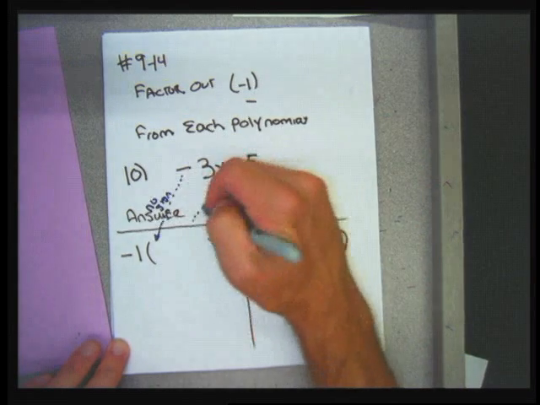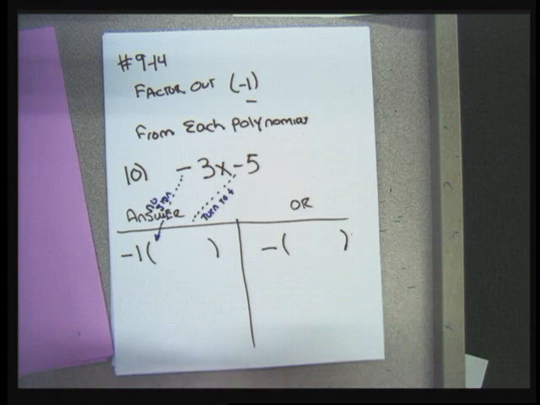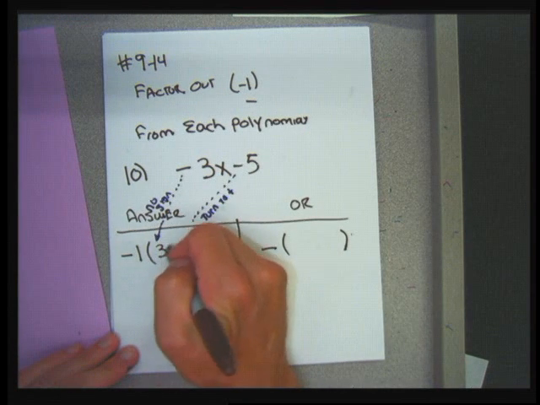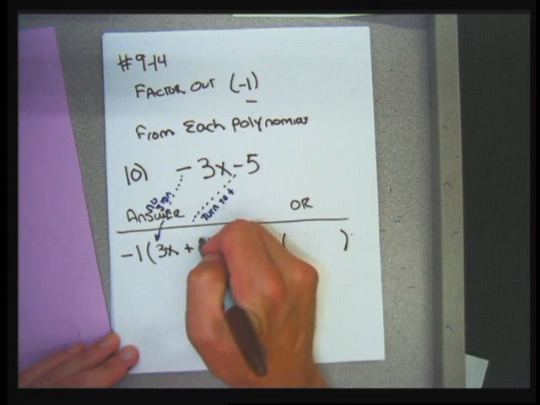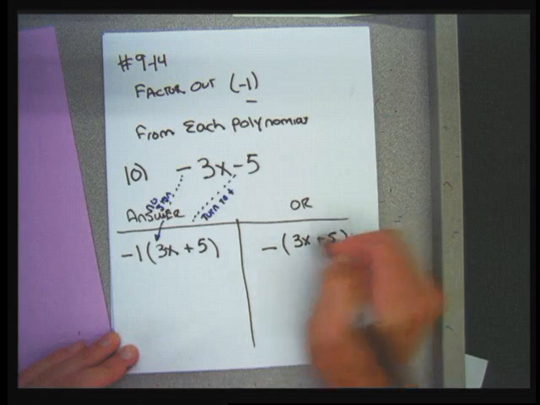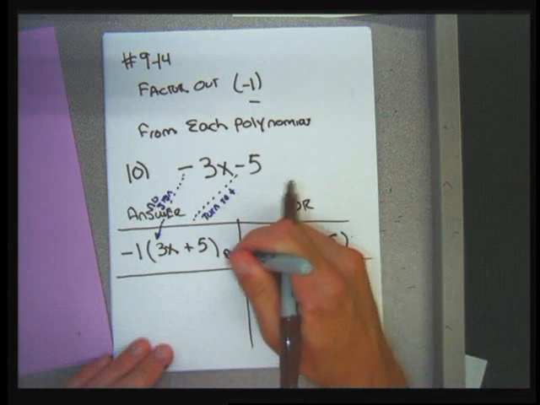And this negative is going to turn to positive. So I'm switching the signs. I'm switching a negative to a plus, but a plus written first is generally not written. Both of these would be correct answers, depending on whether you want it to have the 1 or not in front of the parentheses.